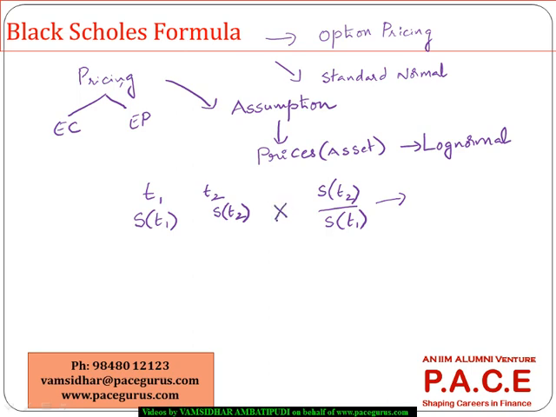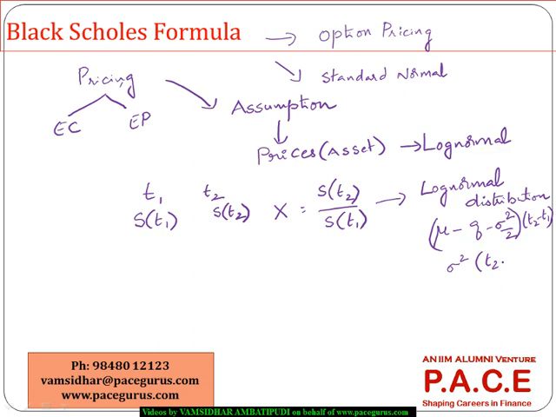If I am defining X as S of T2 by S of T1, this is going to follow a log normal distribution, and the parameters of this log normal distribution are going to be mu minus q minus sigma squared by 2, and because we are talking of two time periods T2 and T1, the parameters are mu minus q minus sigma squared by 2 times T2 minus T1, and sigma squared times T2 minus T1.